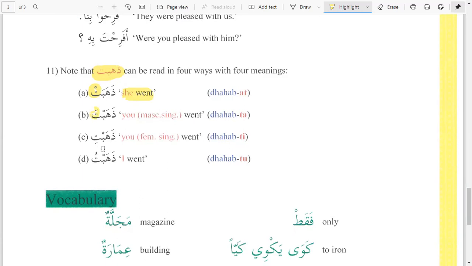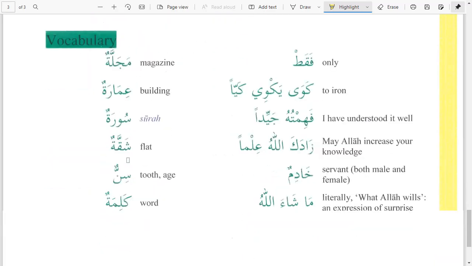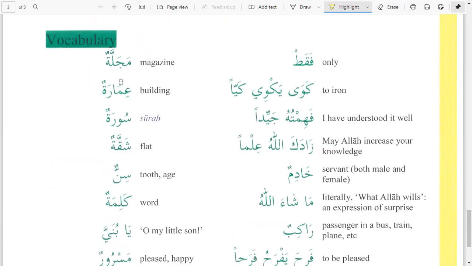When zahabti, it means you, feminine singular, went. And when it takes dhamma, zahabtu, it means I went.